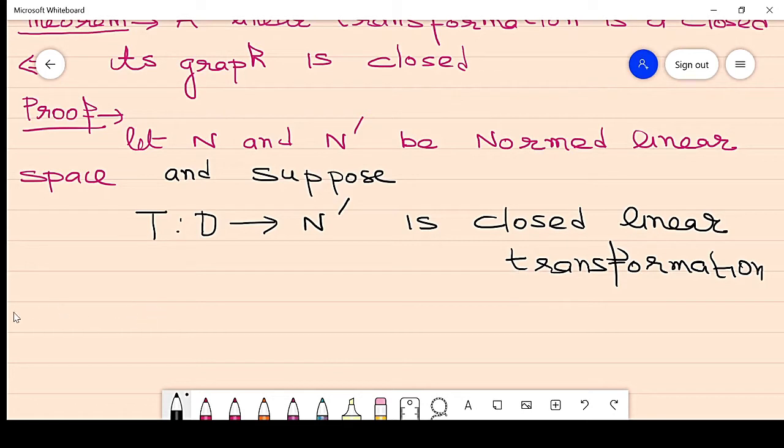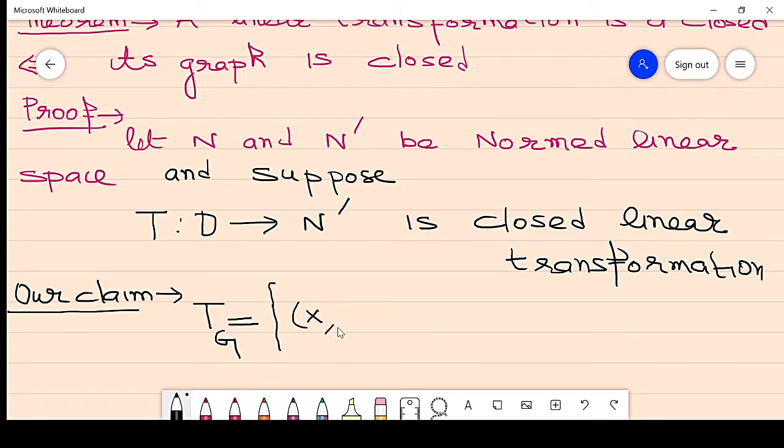So in the first part, my claim is that its graph is closed. What is its graph? G of T, which consists of (x, Tx) such that x belongs to D. So our claim is that its graph, G(T), is closed.